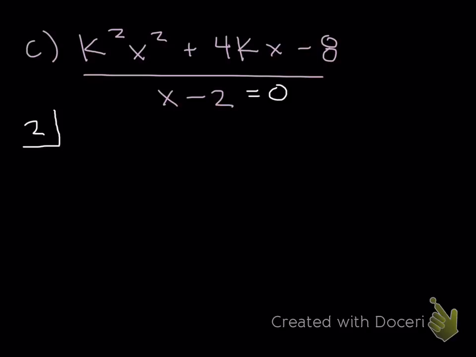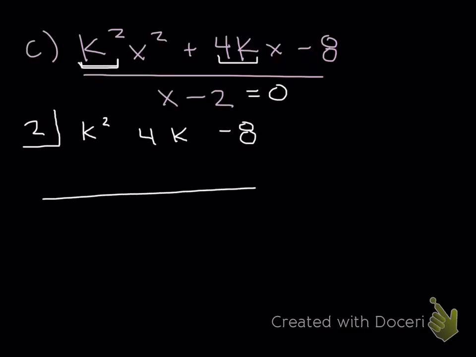So remember, your coefficients are coming from what's in front of each term. So in front of x squared, I have k squared, so my coefficient of x squared is k squared. My coefficient of x is 4k. And my constant term is negative 8.